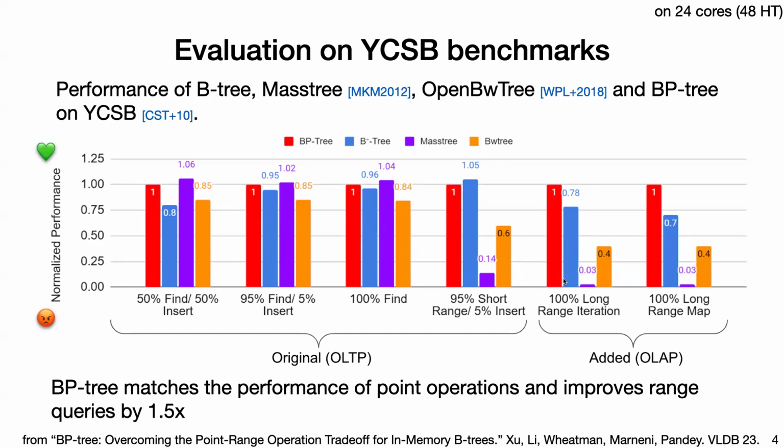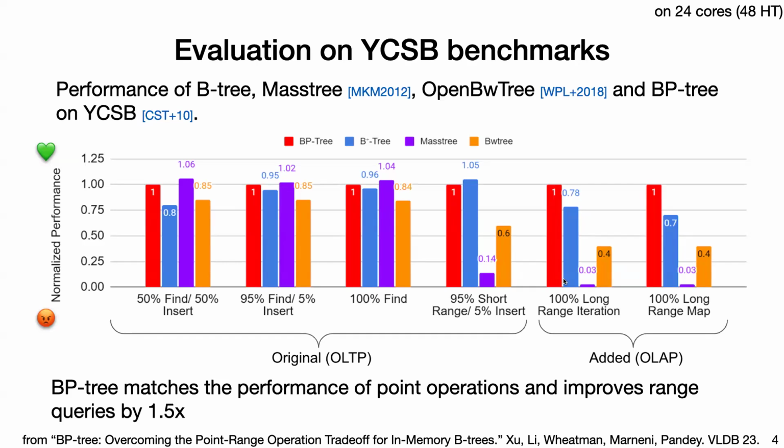Red is BP tree, and blue is just a traditional B+ tree that we got from the internet and then added a traditional optimistic concurrency control scheme on top of. There's nothing super new there, but we needed it as a starting point for this implementation anyway, so we can just keep it as a baseline.